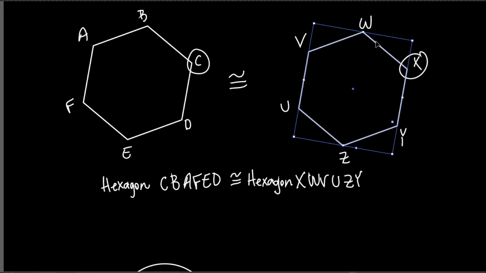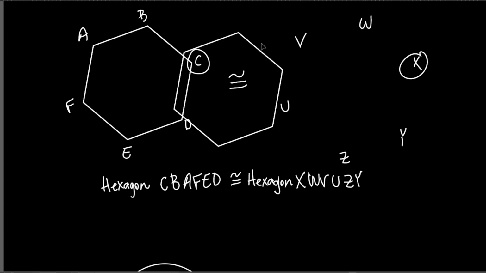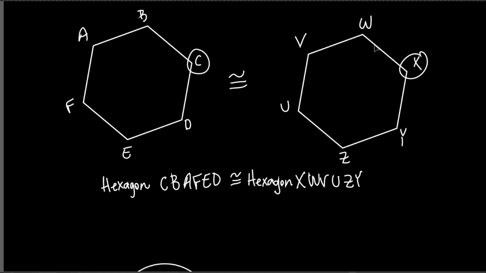If I took this, and if I could grab it, and moved it, and stuck it right on top of there, it matches up perfectly, doesn't it? All the corresponding sides are exactly the same, and all the corresponding angles are exactly the same, right? So in order to be congruent, all the angles have to be equal, and all the sides have to be equal. Make sense?